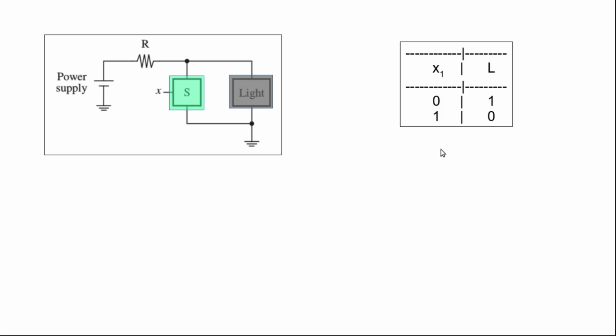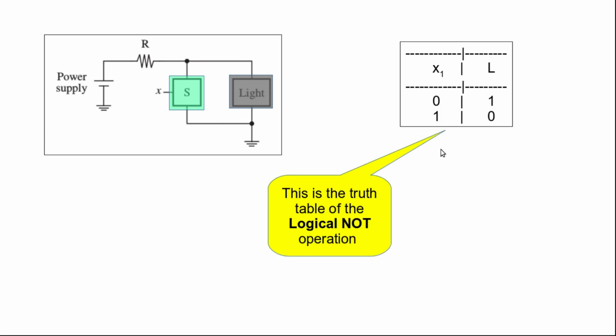And now this truth table is nothing but our logical NOT. And hence we can write our logic function as L of x1 is equal to x1 prime. So this variable is x1.